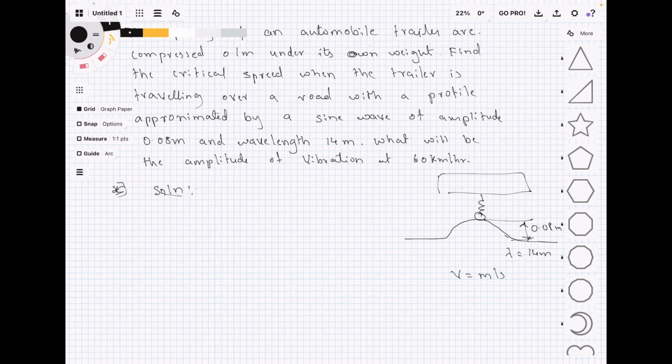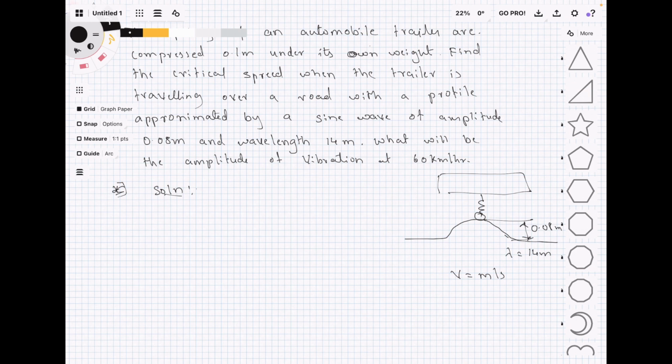Critical speed is the speed at which resonance might happen. For that case, we'll be using the simple formula here. First, we'll be finding out the value of omega n, and the speed at which resonance will happen, we need to find out.